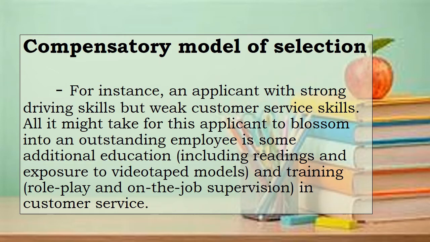For instance, an applicant with strong driving skills but weak customer service skills might blossom into an outstanding employee with some additional education, including reading and exposure to videotaped models, training, role play, and on-the-job supervision in customer service.